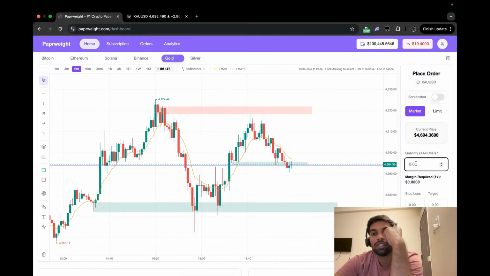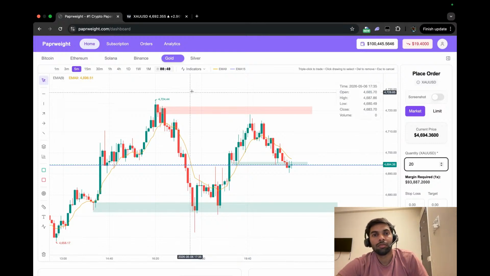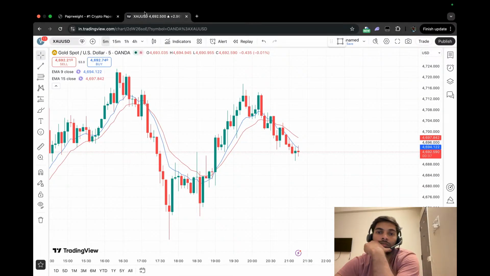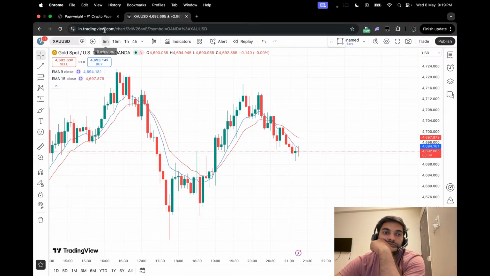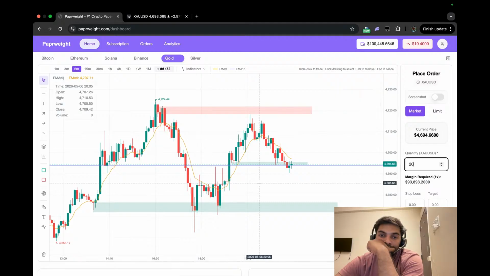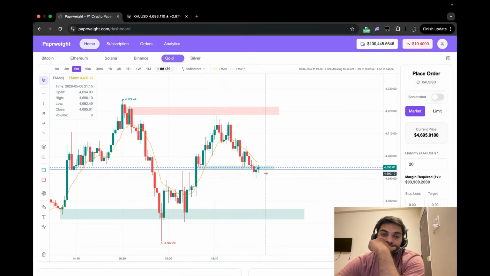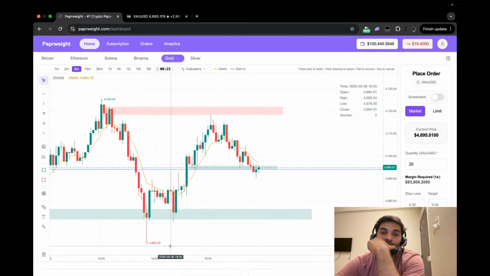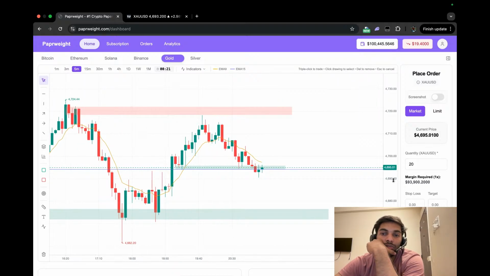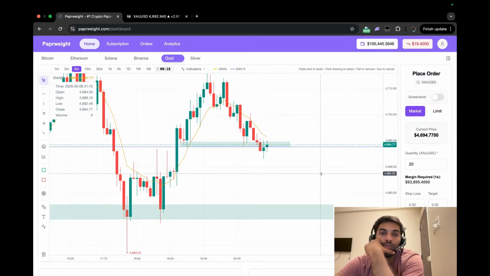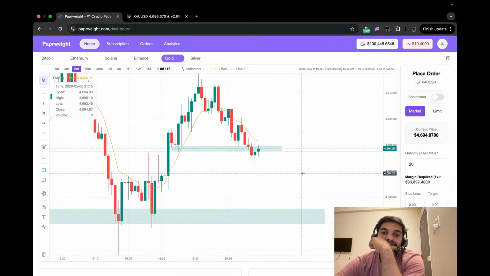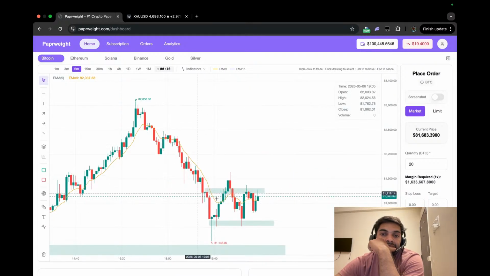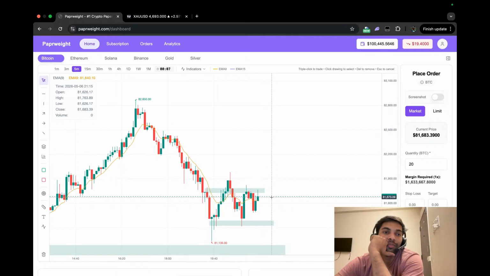We'll take a little risk in this again. For some reason, it became very slow. Very slow, guys. Bitcoin also went in a sideways direction.